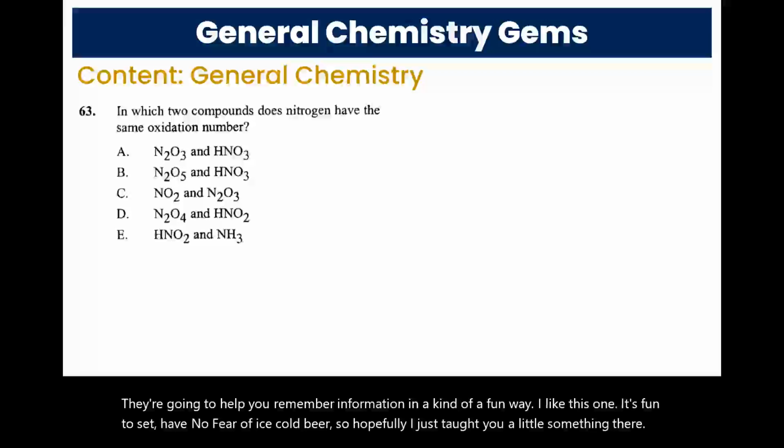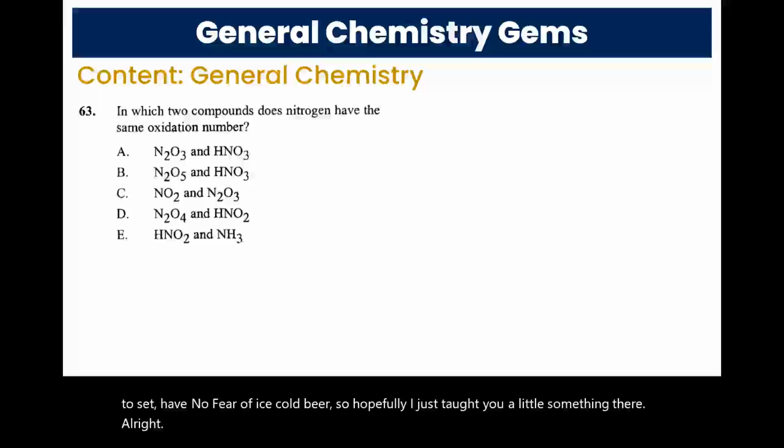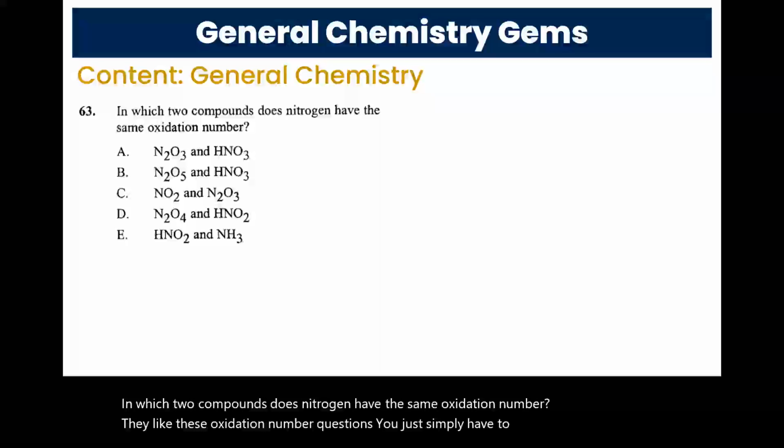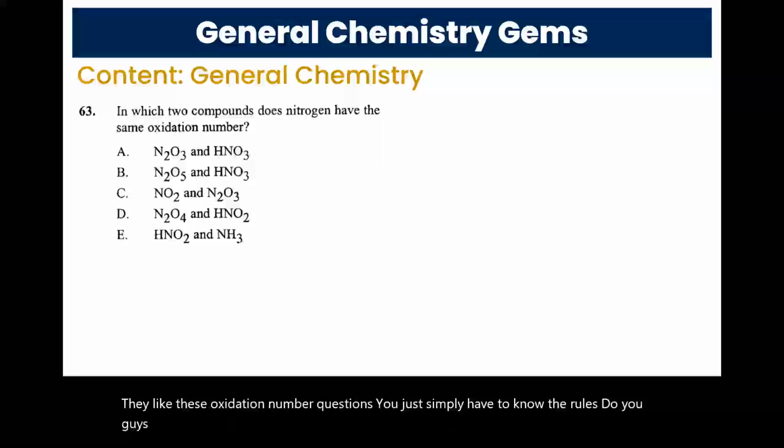All right. In which two compounds does nitrogen have the same oxidation number? They like these oxidation number questions. You just simply have to know the rules. Do you guys remember the rules of assigning oxidation numbers? Rule number 1, elements are 0.